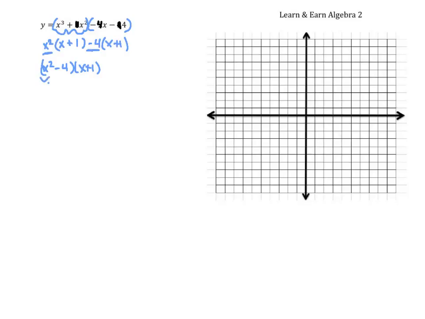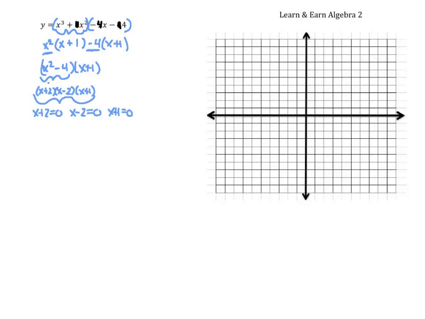Now I realize that this part right here can still be factored. I can put x plus 2 and then x minus 2. That's called difference of squares. So these are my x values, because I can take x plus 2 equals 0, x minus 2 equals 0, and x plus 1 equals 0.